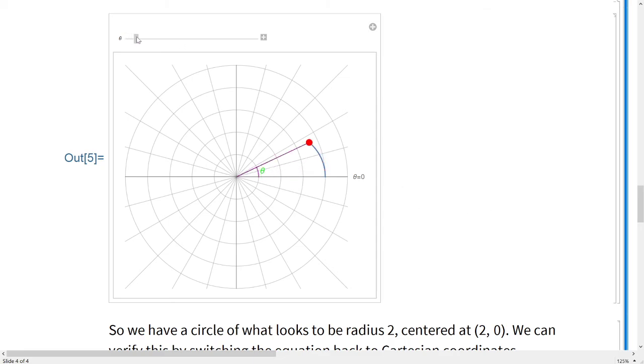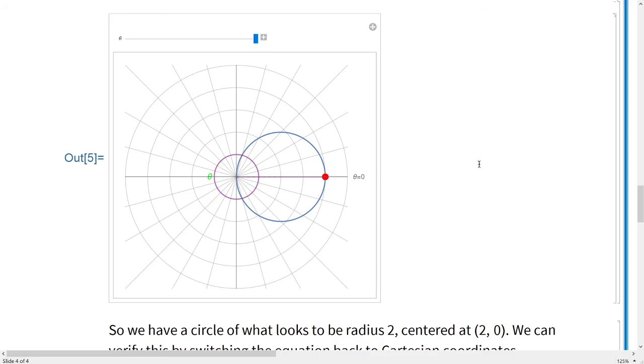Again, as we increase from 0 to pi, we get the top half of the circle. And then once we go past the pi, now we close up. And then from pi to 2 pi, we can see we're retracing the top half of the circle. And then we retrace the bottom half of the circle. And there we go.